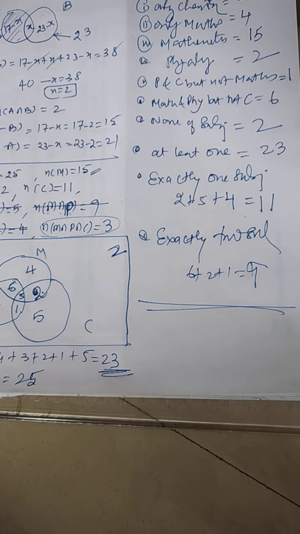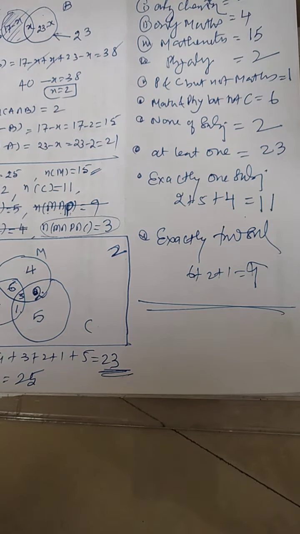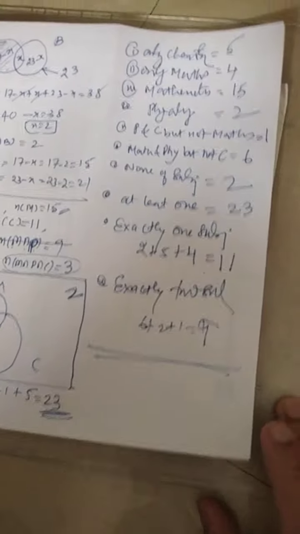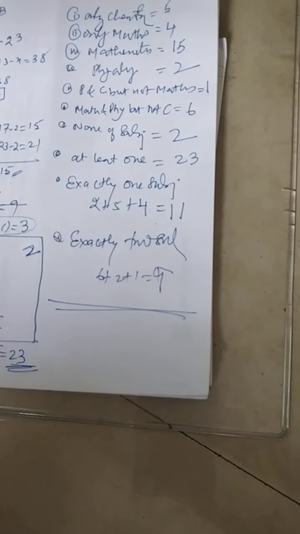Then we moved on to properties. And then there are a few remarks related to the number of elements and so on. So with this we are concluding this topic. If you watch all these videos, you can try any NCERT sum or anything from any reference book, and you will understand all those concepts.